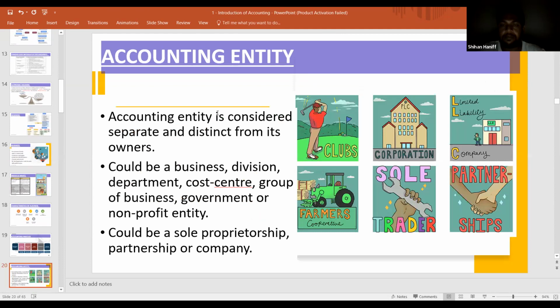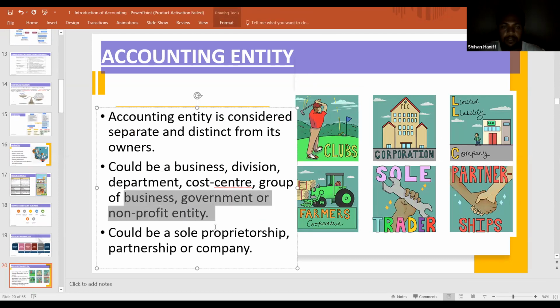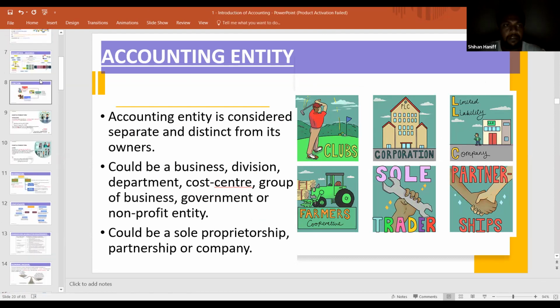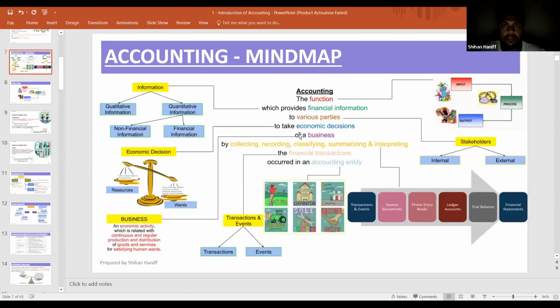An accounting entity could be a sole proprietorship, partnership, limited liability company, corporations, right? So we call it an accounting entity. So that is about the definition, right? So we write the definition and explain one by one. Each term has an in-depth meaning. Can you go through this?